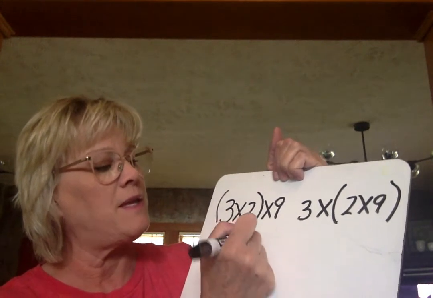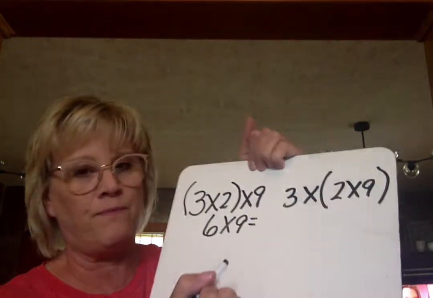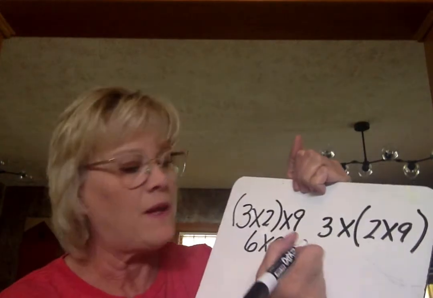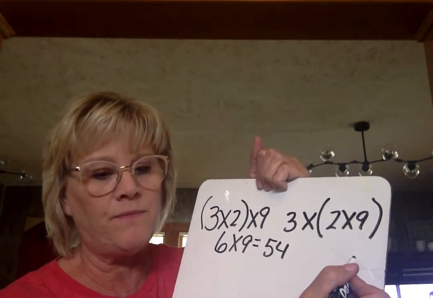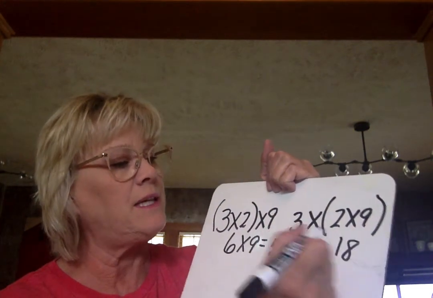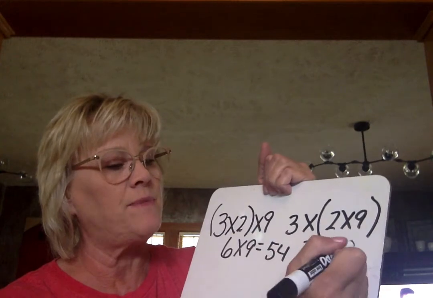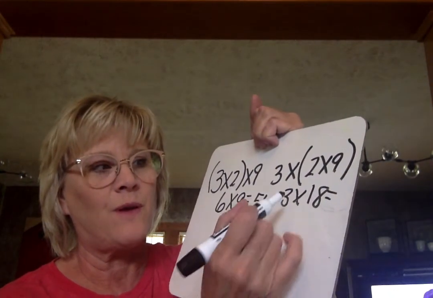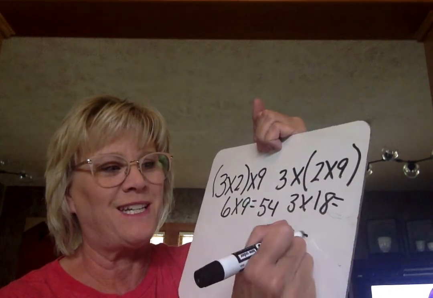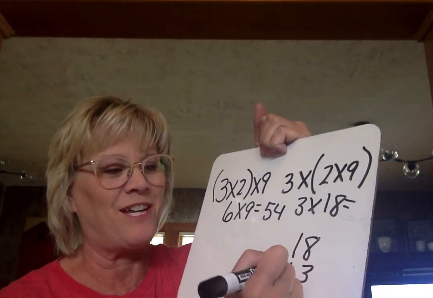3 times 2, 6, and 6 times 9, 54. 2 times 9, 18, and 3 times 18. Let's do it vertically if you're not sure.